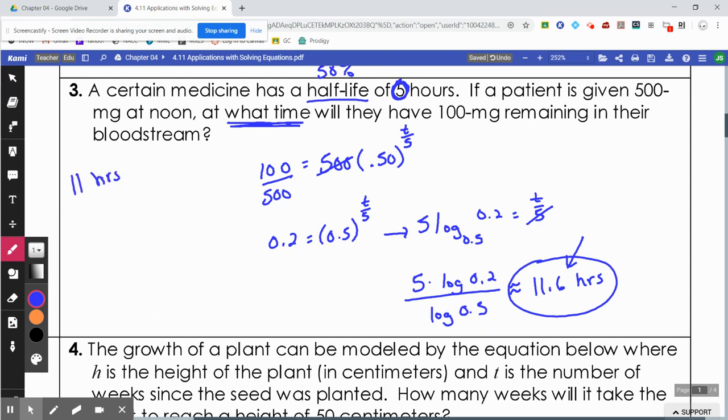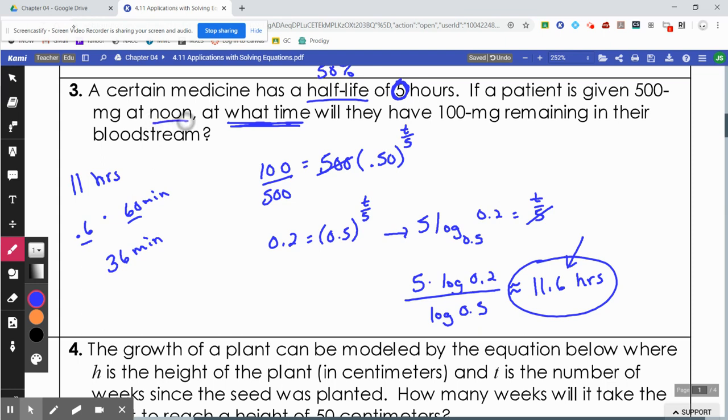But what do we mean by 0.6 hours? Now an hour is 60 minutes. So to change that 0.6 to minutes, we've got to do 0.6 of 60 minutes. The way that you find a fraction of something in math is you multiply. 0.6 of 60 minutes would actually be 36 minutes. So that 0.6 hours is 36 minutes.